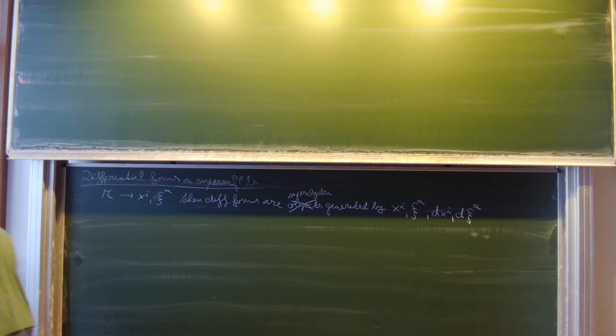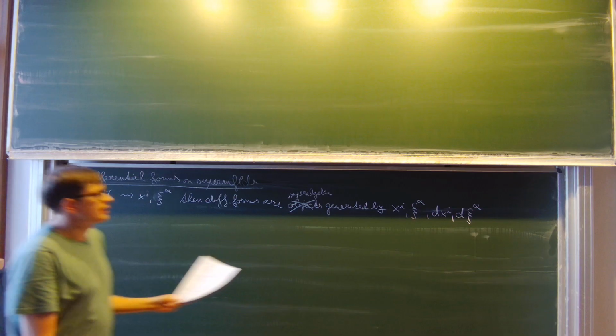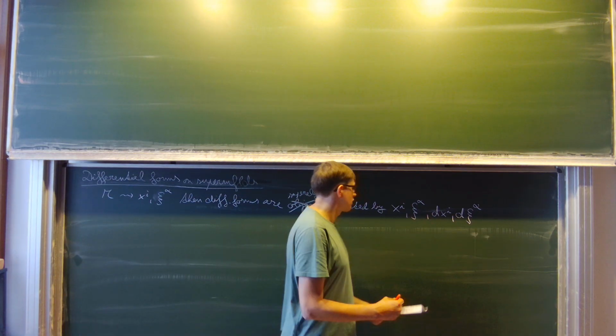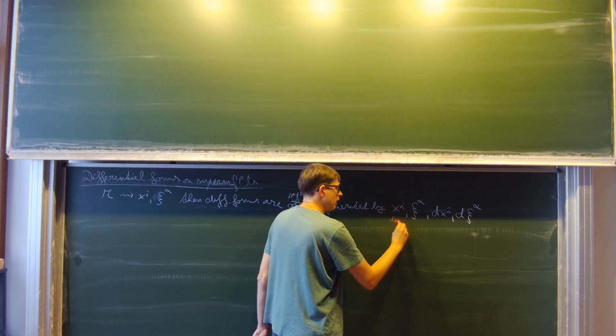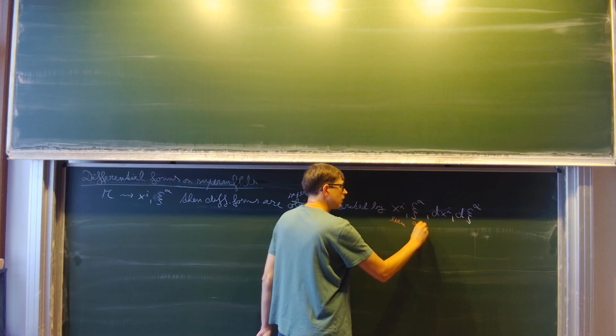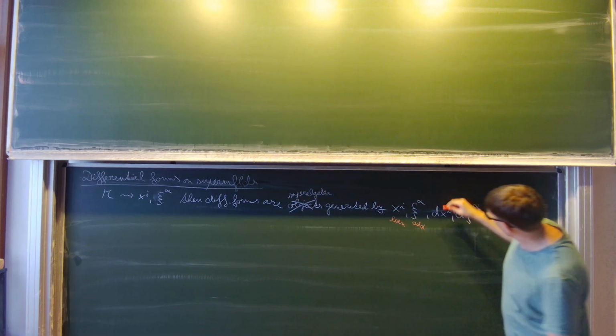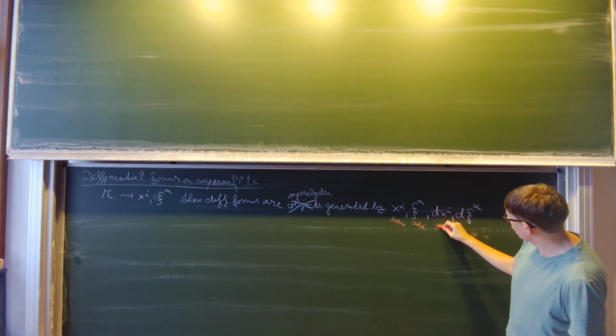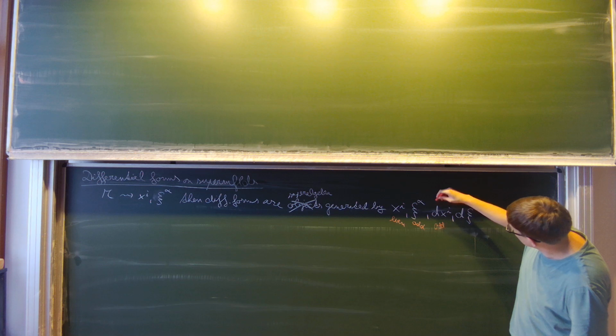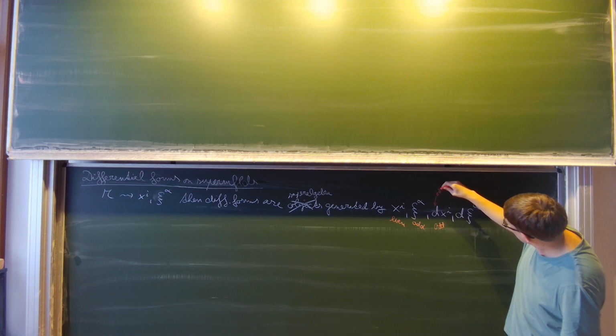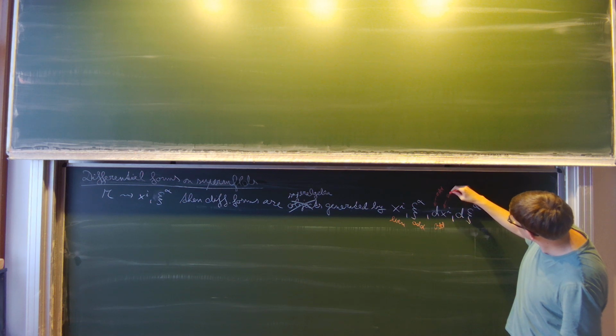And you want to understand these things again as one object. So what is the parity of this? x was even, xi was odd. But now this thing, dx, I want it to be naturally odd, because this bit is odd, and this thing is even.